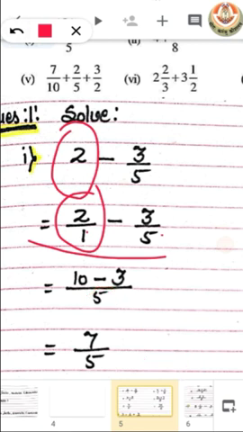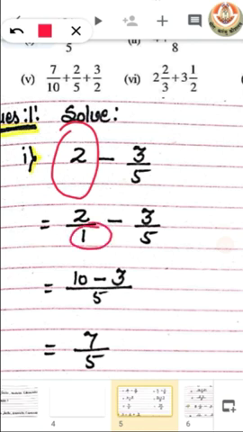When we get the LCM 5, now we have to solve it. We divide the LCM by the denominator first. We get 5. Then we multiply the answer with the numerator. So 5 into 2 will be 10.